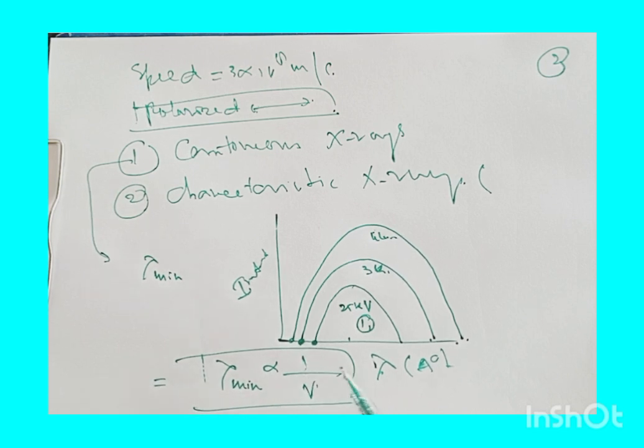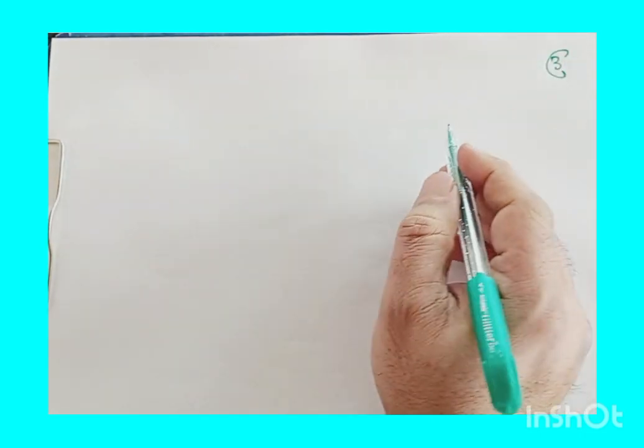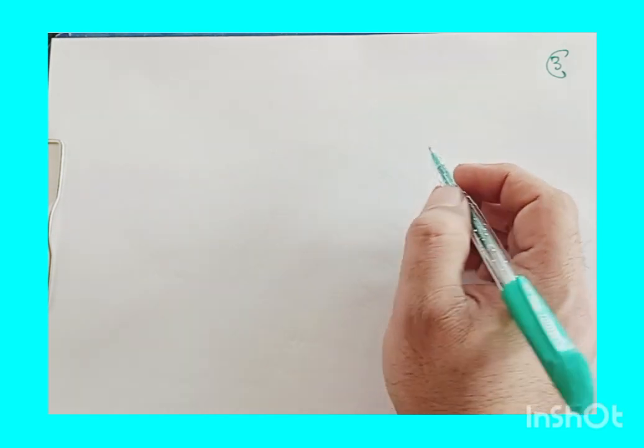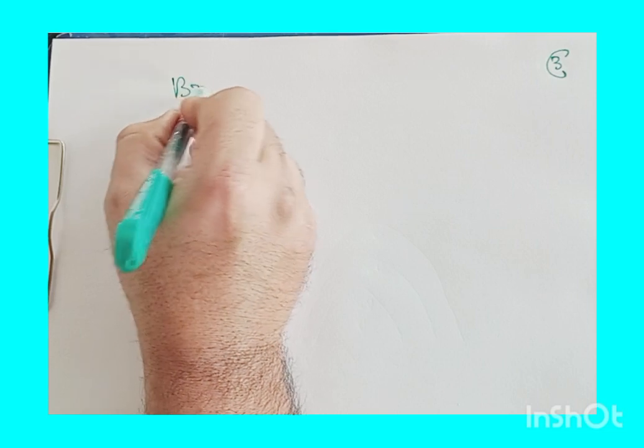Now, what could be the possible mechanism of these continuous X-rays? These continuous X-rays are produced by a phenomenon known as Bremsstrahlung.